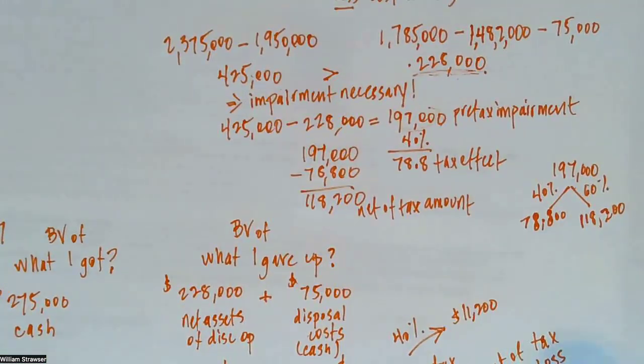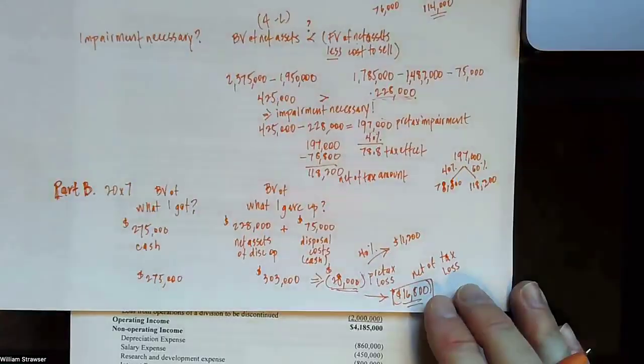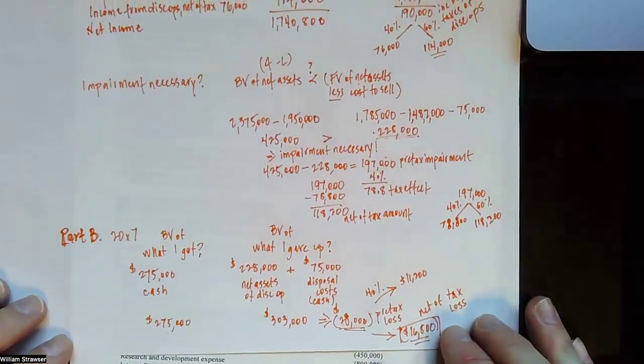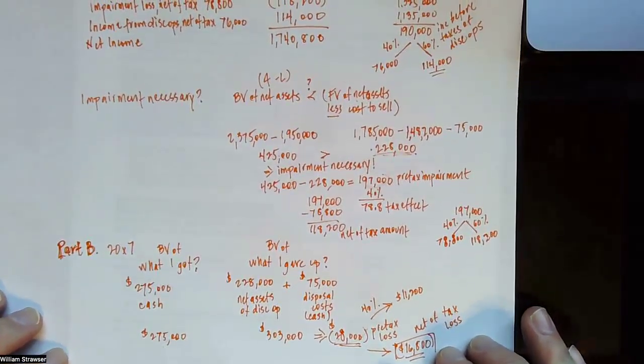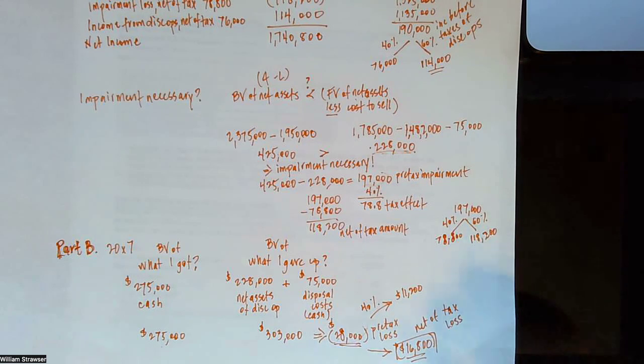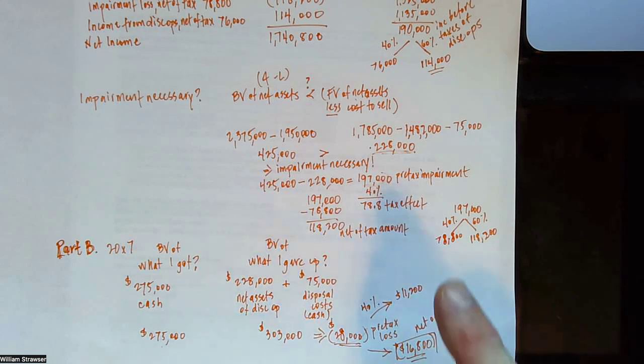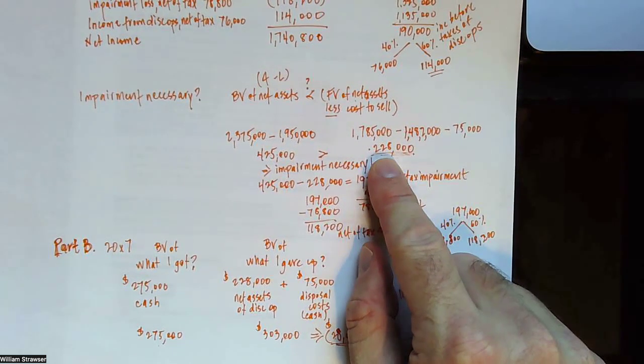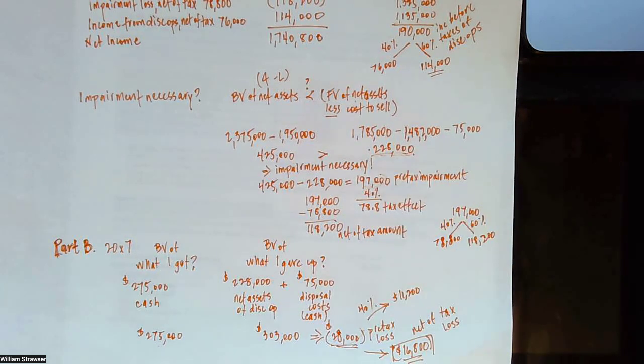So very important to remember in this particular problem, or when you're thinking about the sale and the gain or loss on the sale of our discontinued component, is understand that when we impair, there's a new book value, and the new book value is the amount that I impaired it down to, the 228 in this case.